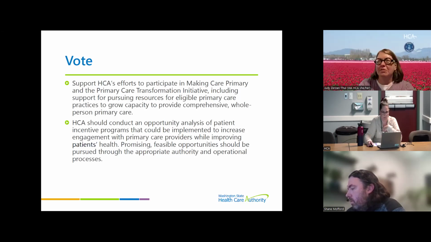Do you think people think that could fly here? Are there not enough PCPs, so it might crash and burn? Judy, I wonder if there's any evidence that it's even effective. Yeah, just assigning to me is not an effective strategy, and there are a lot of reasons why.